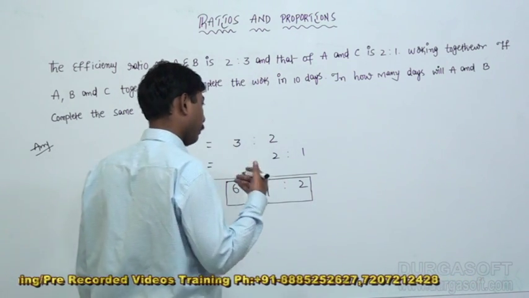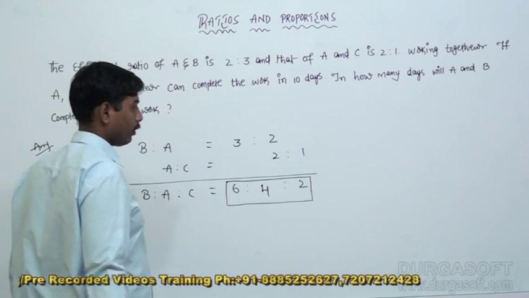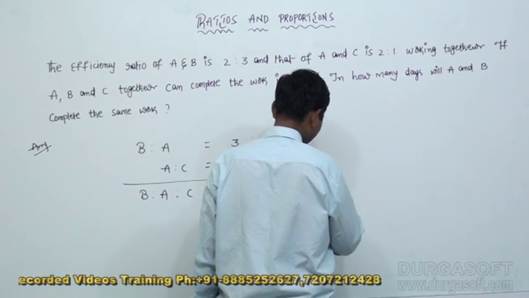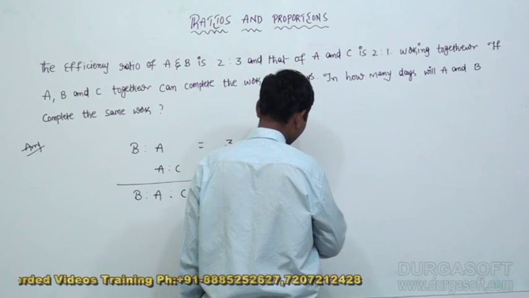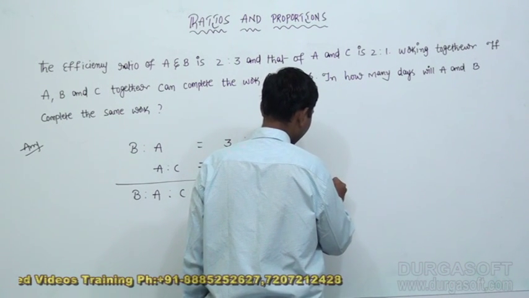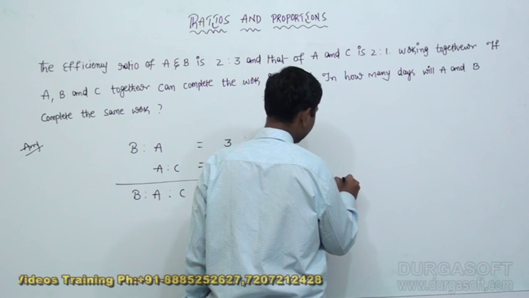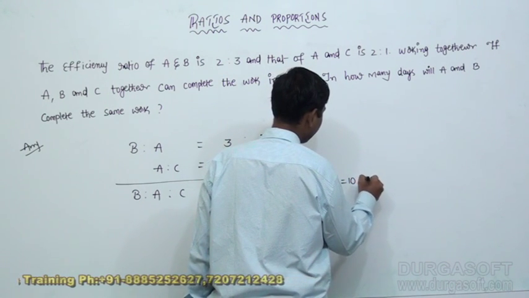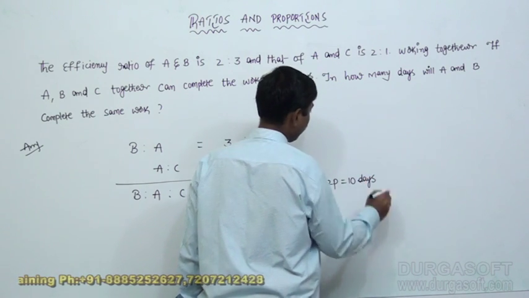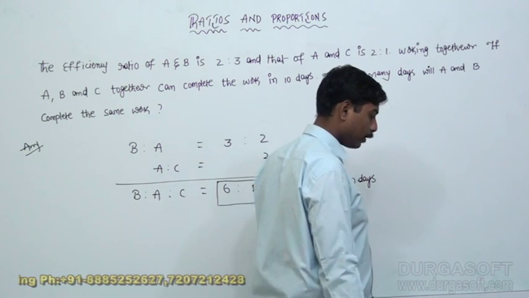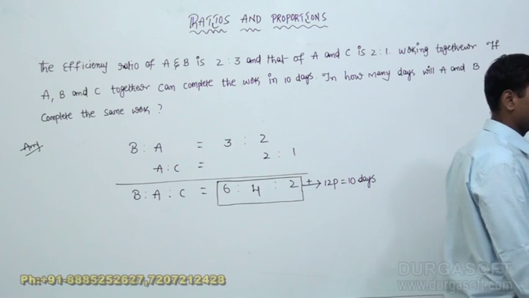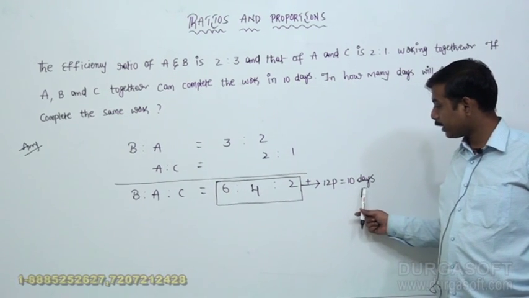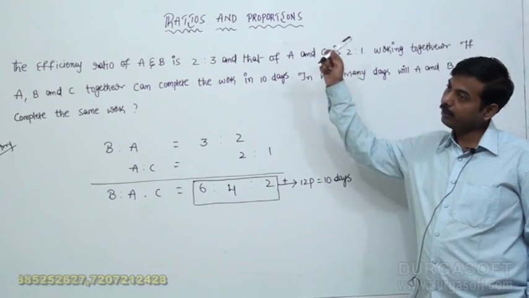A, B and C all together how many parts? 6 plus 4 plus 2, that is 12 parts. 12 parts of a work completed in how many days with respect to the given information? 10 days.